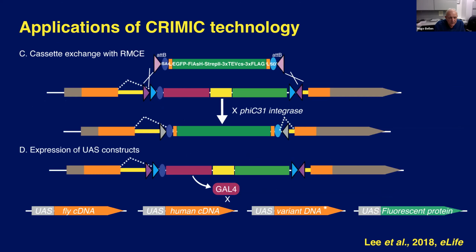The third is that you can insert other cassettes, because they're flanked by attP sites. You can create artificial exons by removing the original T2A Gal4 and replacing it, like is shown here, with a GFP or multiple tags attached to the GFP, and create an artificial exon that has a splice acceptor on one side and a splice donor on the other side.